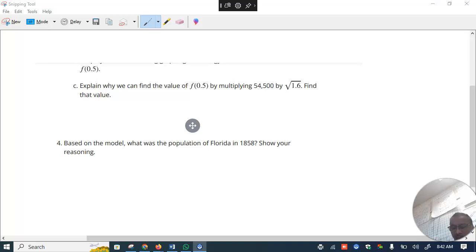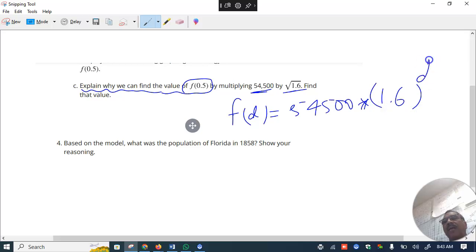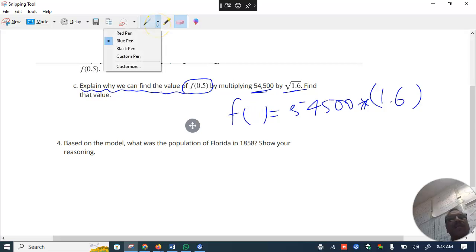You see question number C, they're asking you to explain why we can find this by just multiplying this by this. Now what this means is, remember, f of d was 54,500 multiplied by 1.6 raised to d. Now because d is half, this is half.